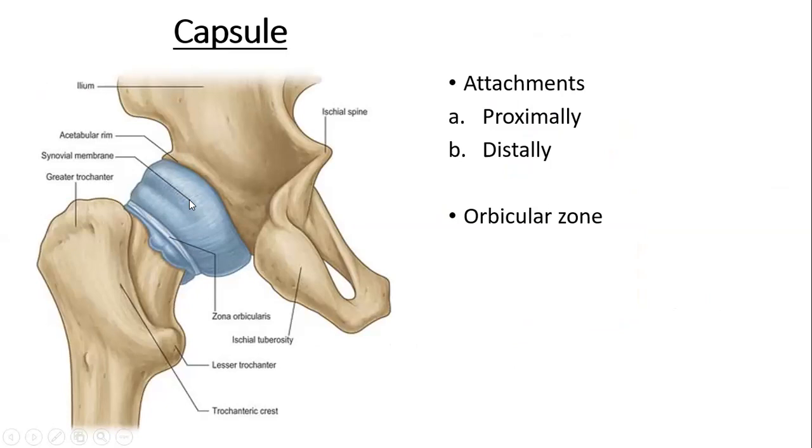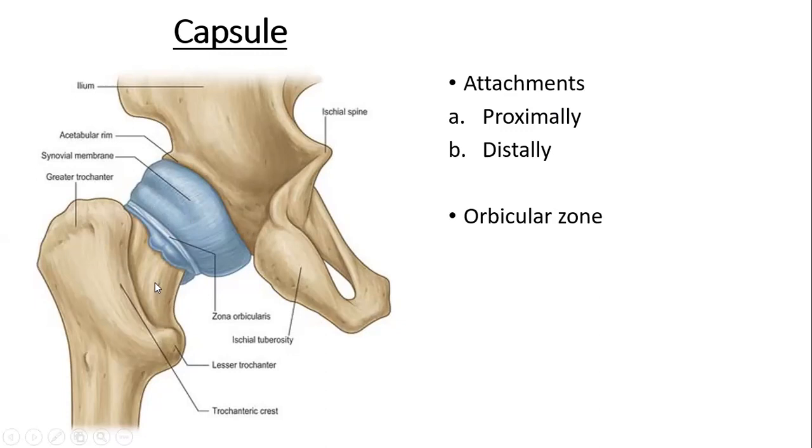The outer fibrous external layer of the capsule is proximally attached to the acetabulum, peripheral around the labrum, as well as the transverse acetabular ligament. Distally, the fibers spiral from the acetabulum towards the head and neck of the femur, so that anteriorly they reach the neck of the femur, getting attached over the intertrochanteric line as well as the root of the greater trochanter.